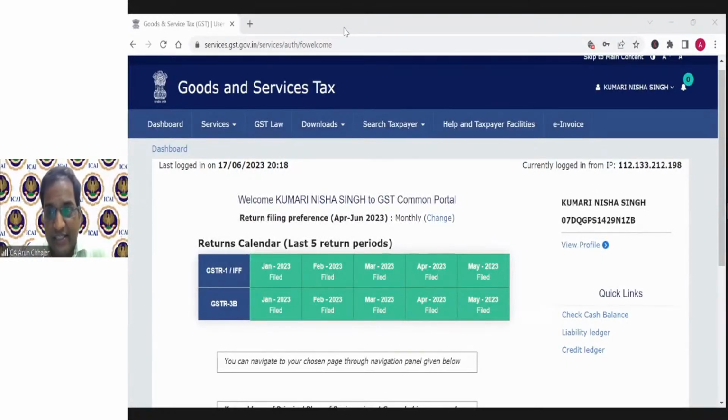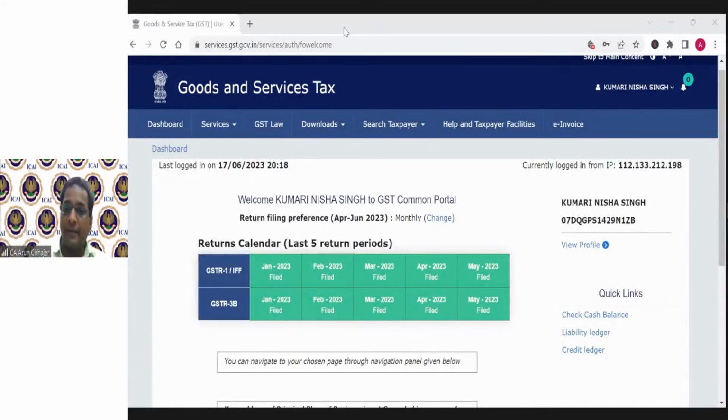That there is a GSTR1, there is a GSTR 3B, there is GSTR 2A, and there is GSTR 2B. These 4 categories of forms we are going to discuss again and again in the entire ITC chapter. So let's have clarity on these forms. Not detailed, because we are going to discuss in detail in the GST return topic, but as of now, we are touching these returns only to the extent of ITC.